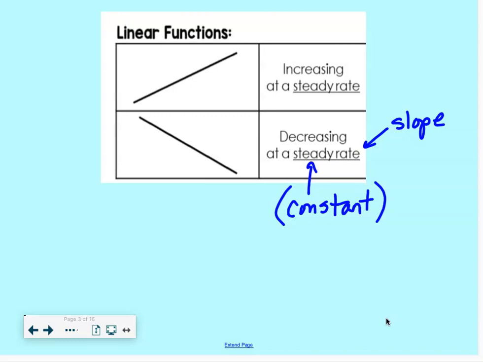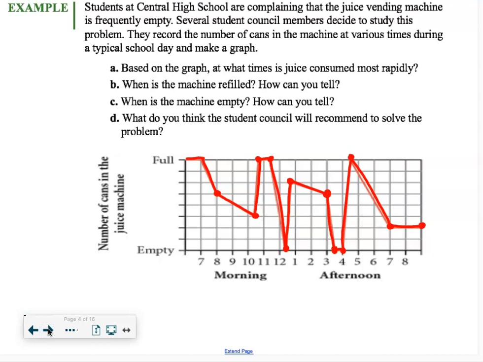Okay, any questions on this slide? Not much to it. We're about to jump into a problem. Now, this problem right here, this function is not linear, but it is a whole bunch of linear functions put together. So what do we call that? We actually call that a piecewise linear function, which we'll learn about later on.